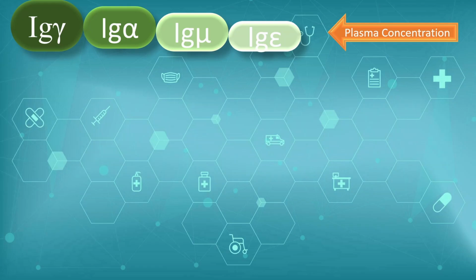Then it will stay there and be protected from degradation due to the neonatal Fc receptor. Then it will be recirculated in the circulation, which prolongs its half-life.